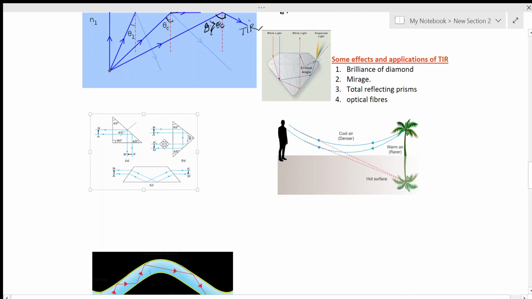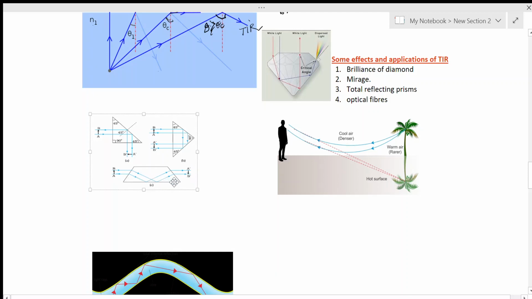In this figure, the same prism is aligned in a different way: the upright image of an object is here, and its image, after two total internal reflections, becomes upside down. Here we also have a trapezium shaped prism, and AB is an object. It undergoes total internal reflection and inverts its position by 180 degrees.